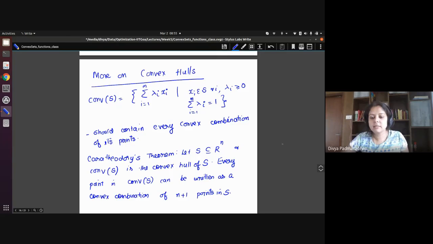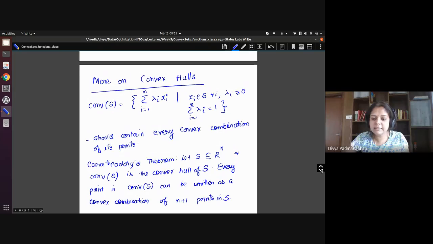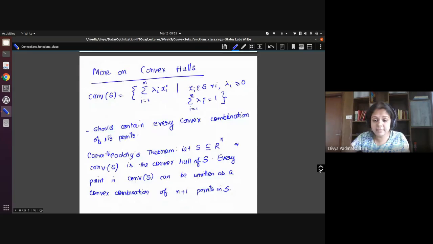Okay, but the interesting thing is that you can write it as a convex combination of n plus 1 points. So the set is a subset of R^n, and so you don't need to take more than n plus 1 points. So n plus 1 points is sufficient to express every point in this convex hull. Okay, so that's the statement of Caratheodory's theorem.